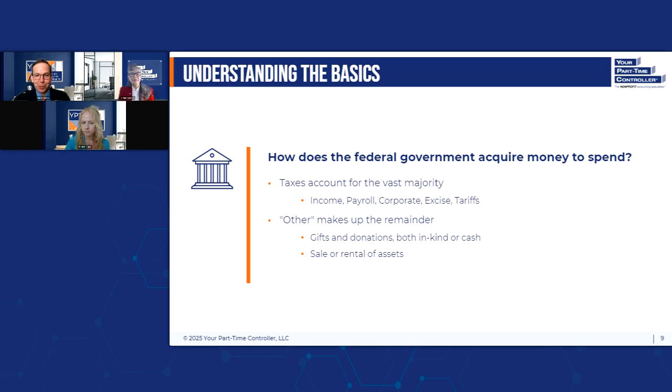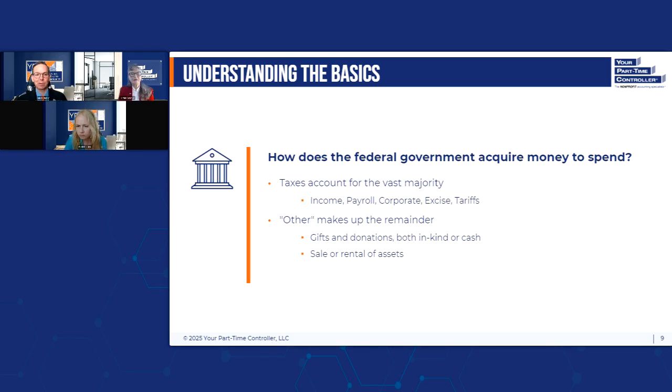Well, to channel an author I've always liked, Lewis Carroll, let us begin at the beginning. You can't spend money if you don't have any. So, Carly, I can give you a one-word answer to your question. The main source of money for the federal government, and by the way, when I use the word government today, I mean the United States federal government.